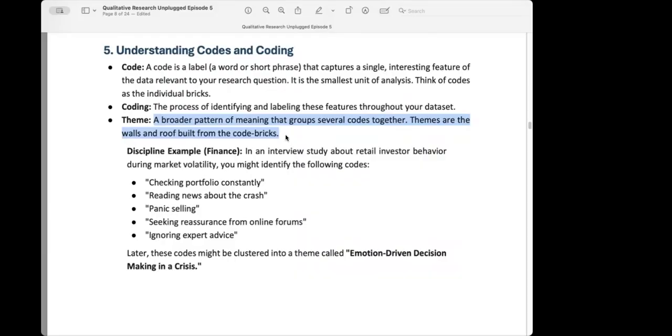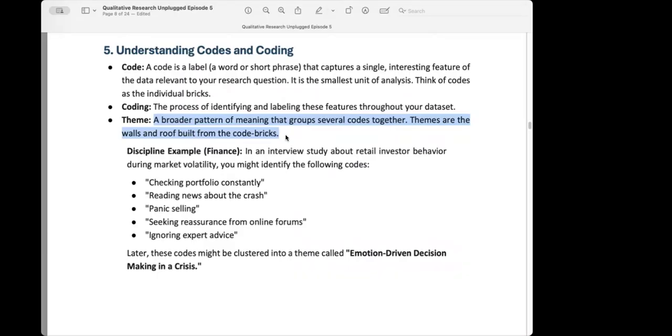Definitely. So as you analyze the interview transcripts, you might identify individual specific codes from what participants say. For instance, you might see someone describing refreshing their investment app every few minutes, so you code that "checking portfolio constantly." Right, a specific action. Or maybe another participant talks about constantly reading news articles about the crash, so that's a distinct code.